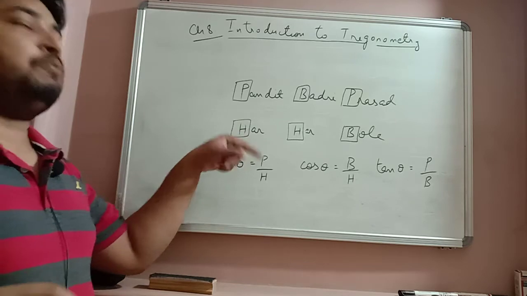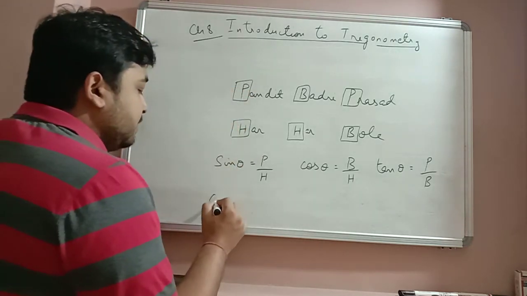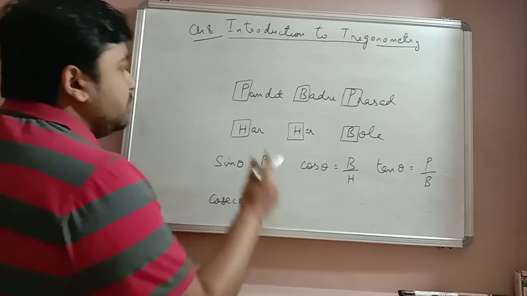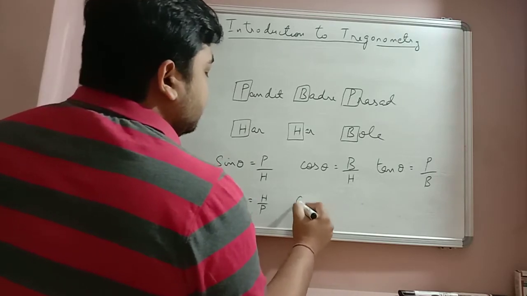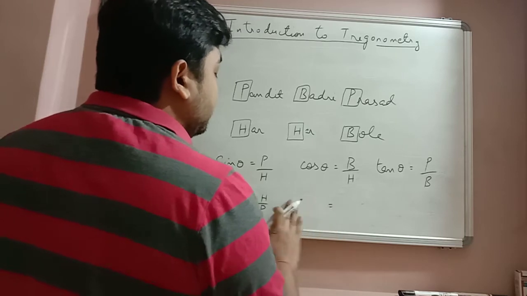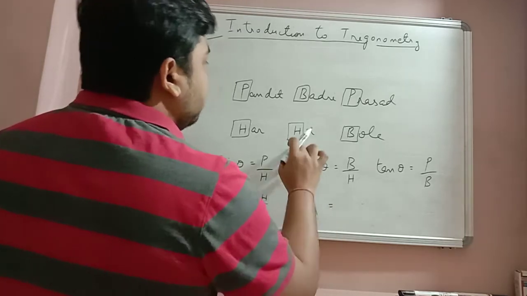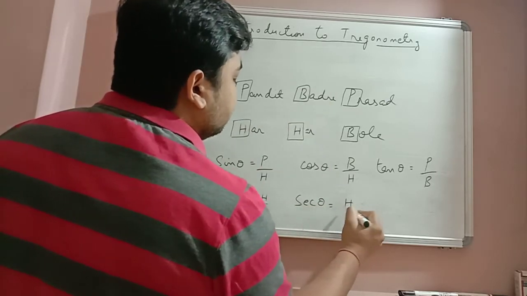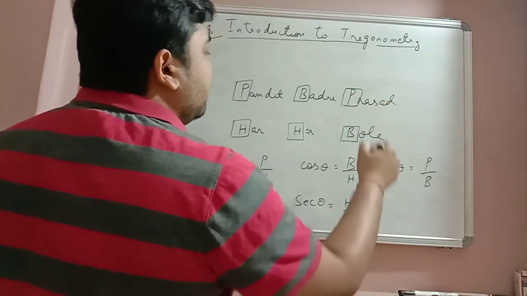Now if I reciprocate these, I will get the other 3 ratios. Reciprocal of sine, cosec theta, will be given by H by P. You just need to revert this, H by P. And then the reciprocal of cos theta is sec theta, so this will be given by H by B, that is hypotenuse upon base.